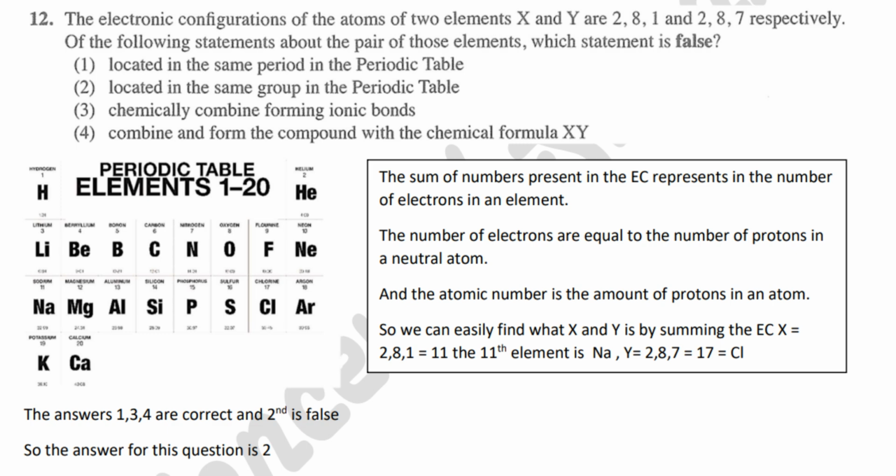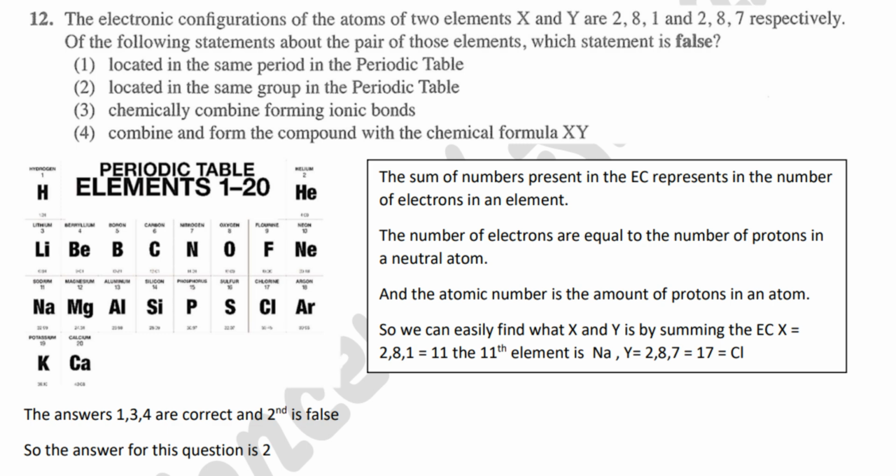In electronic configurations like 2,8,1, the sum of these numbers represents the number of electrons in an element. This electronic configuration shows how electrons are arranged in an atom. So the sum of 2,8,1 is 11, which means the amount of electrons in that particular element.